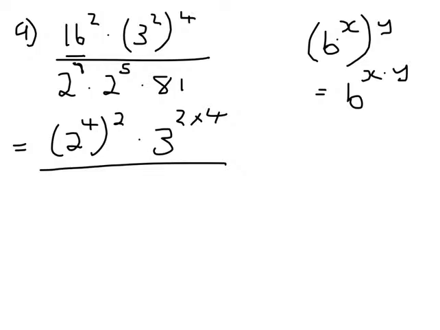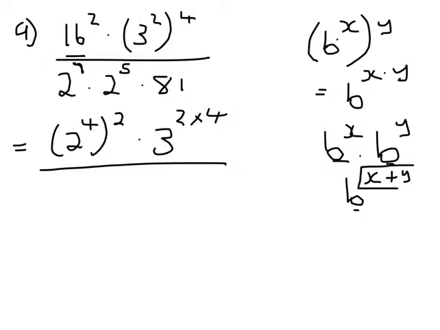Why can't I apply the law which says if you have a base to the exponent of x being multiplied by the same base to the exponent of y, you add their exponents? Instead of writing b and another b, write one b, and if those bases are multiplying each other, add their exponents. So the base is 2. I'm no longer going to write 2 of them, but I'll write 1 and add those exponents together.